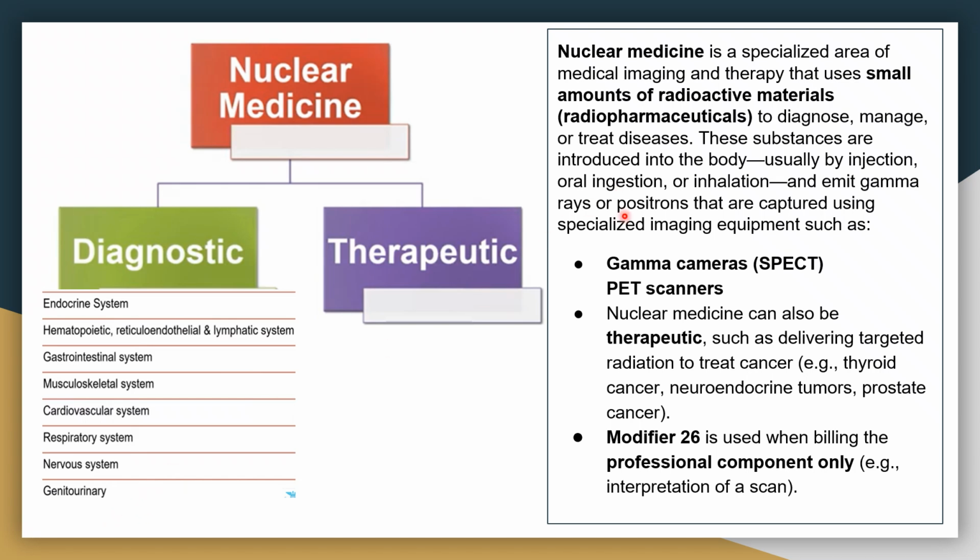And in the therapeutic, you will see that nuclear medicine can be used to treat cancer, radiation treatment, neuroendocrine tumors, prostate cancer. The modifier 26 is used when billing the professional component only, for example, interpretation of the PET scan, where the interpretation is done by the doctor, so we will require a modifier 26.